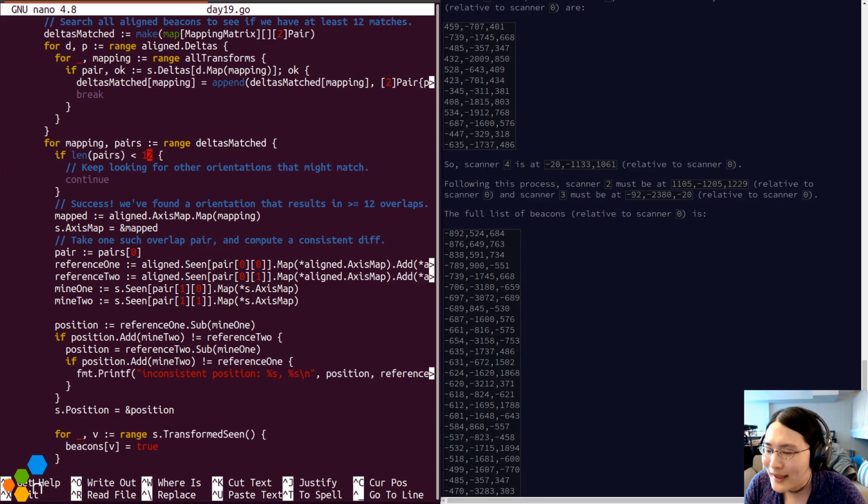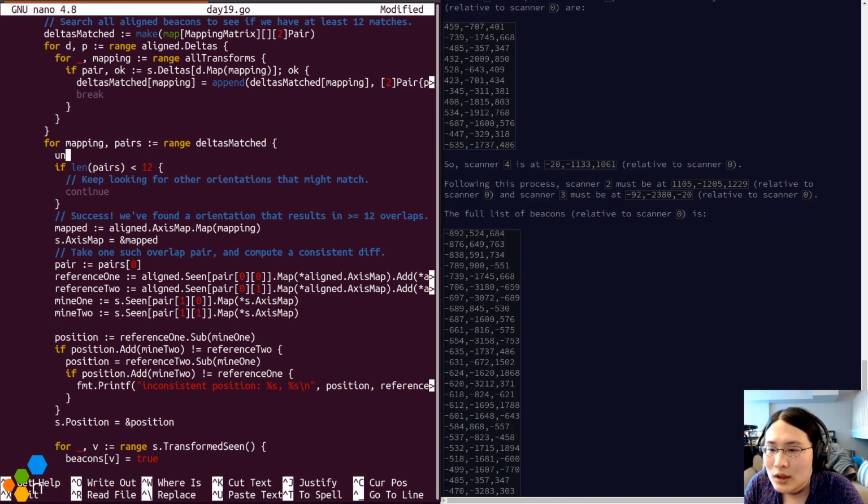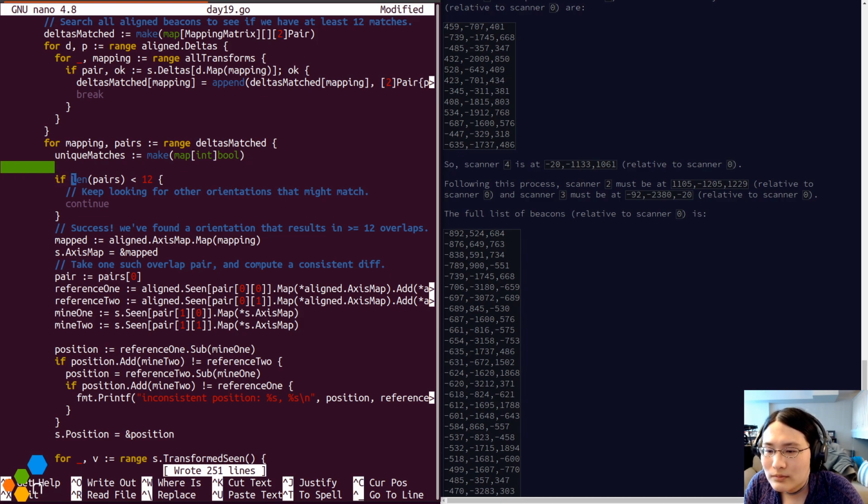And I think that is the bug that I was stumbling into. Something like this is the issue, where I was incorrectly identifying things as matching each other.